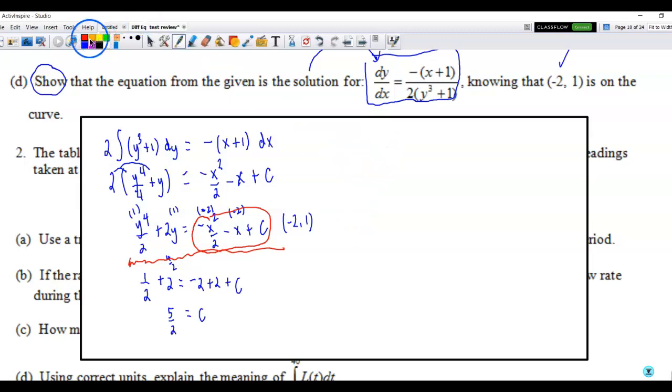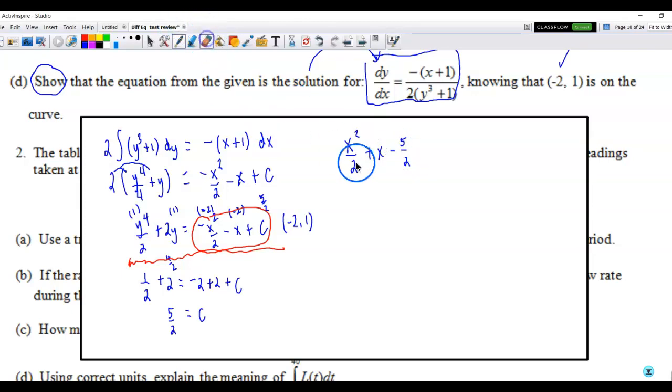So I would add the negative x squared to the left-hand side, giving me x squared over 2. Moving the negative x to the other side gives me plus x. Now remember that c, we found it to be a positive 5 over 2. So when I move it to the other side, I get negative 5 over 2.